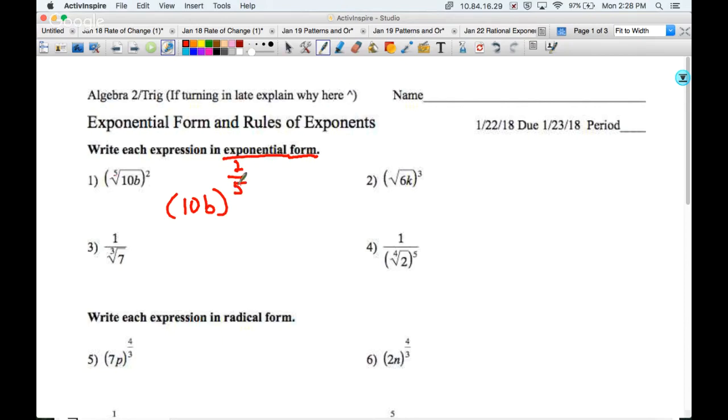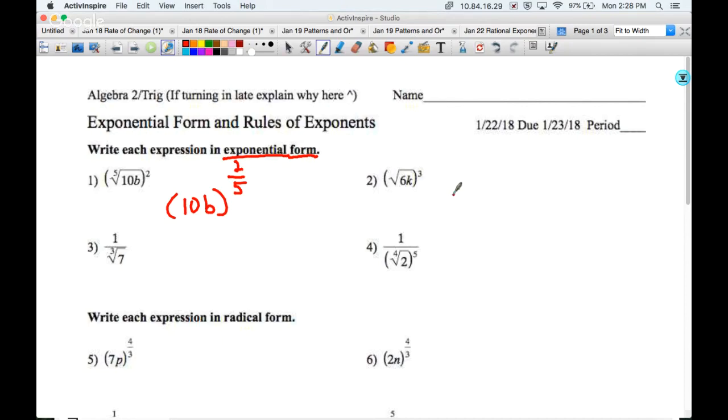So the index is 5, so that goes into the bottom of this fraction, and I'm raising it to the power of 2, so that goes up there. It's just that same rearrangement every single time. Parentheses are important here so that it doesn't look like that exponent is being applied to only the b.